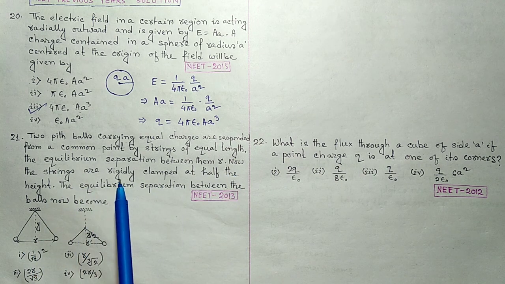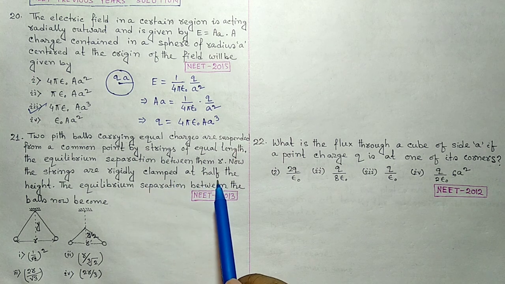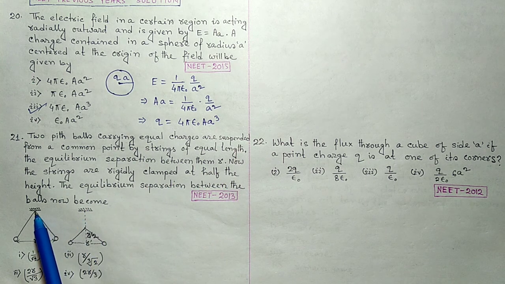Now the strings are rigidly clamped at the half height. Now this point is clamped at y by 2 distance, y by 2 height. So this point is here. Now this separation will change due to the gravity, because the charge has mass.